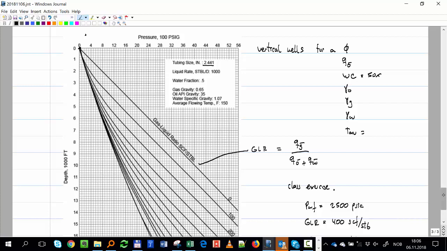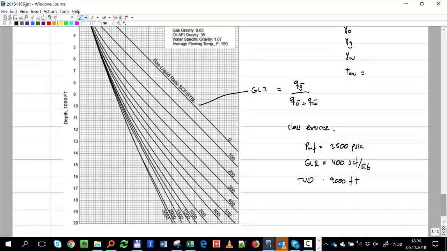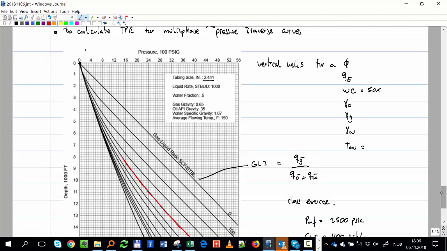Okay, the curve that we want to use is this red one. Let's first mark it. That's the curve. All the others don't matter. We just have to look at that curve because that's the one for the GLR that I have. So I'm just going to put it in red.